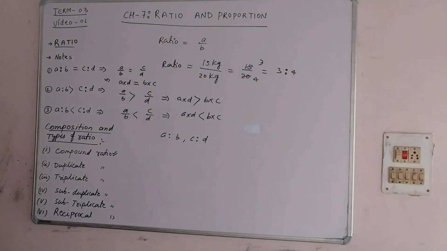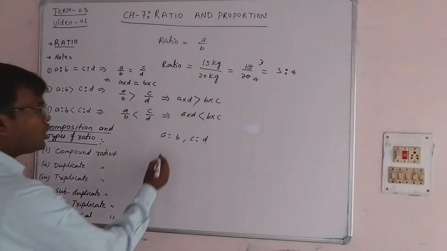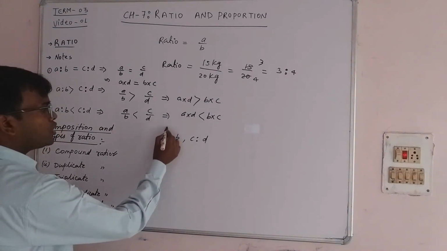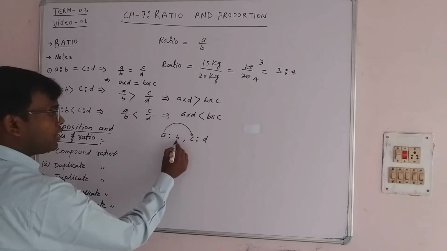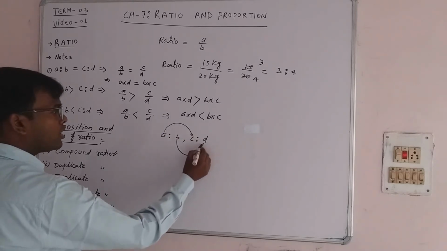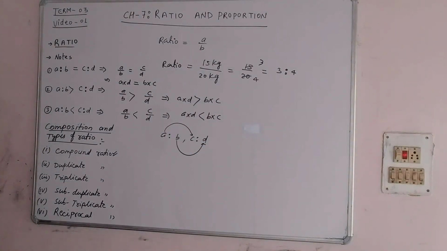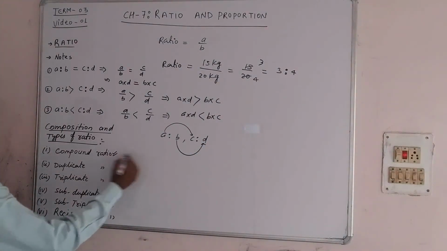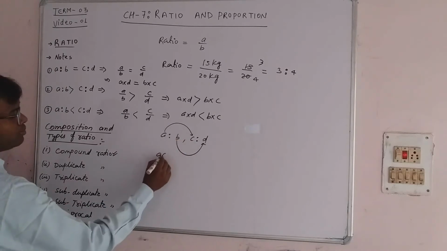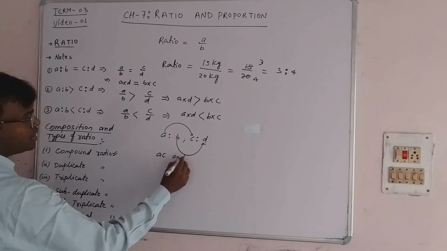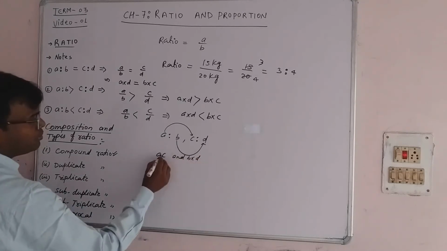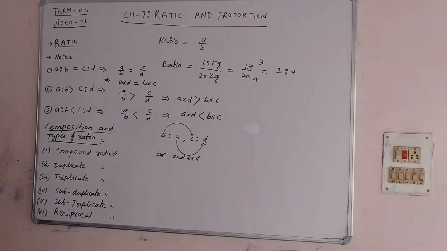To find the compound ratio, you multiply the first component of the first ratio with the first component of the second ratio, and the second component of the first ratio with the second component of the second ratio. So the compound ratio becomes A into C and B into D. In this way you can calculate.